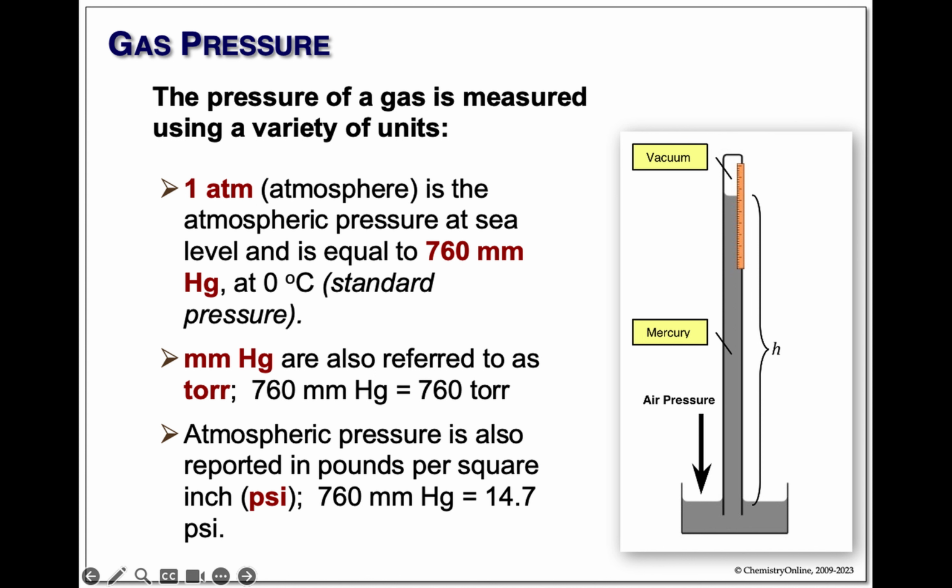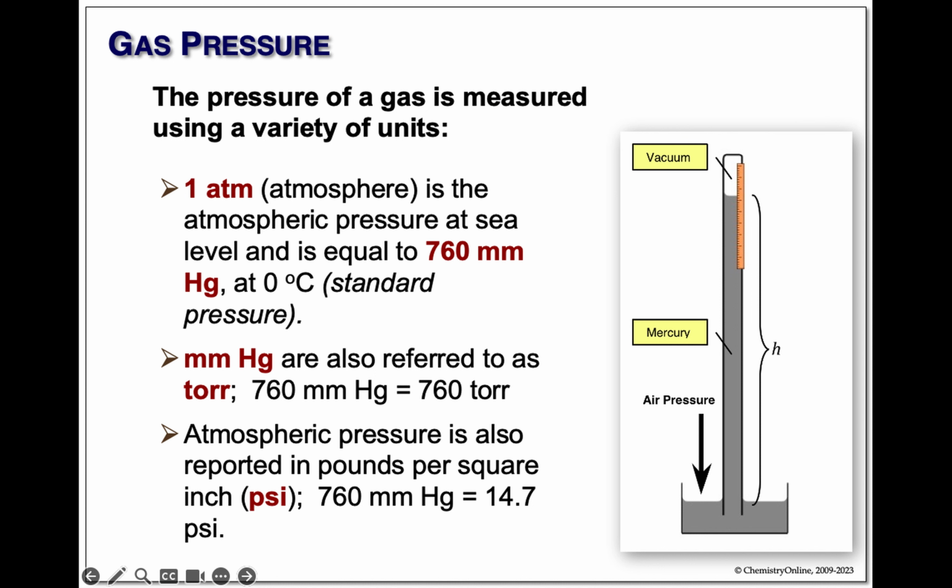Some books will call this torr, T-O-R-R, instead of millimeters. I do millimeters, torr is kind of stupid. This is what we talked about earlier, our 15 pounds per square inch, but we will never use this measurement in class. So, we're either going to use atmospheres or millimeters.